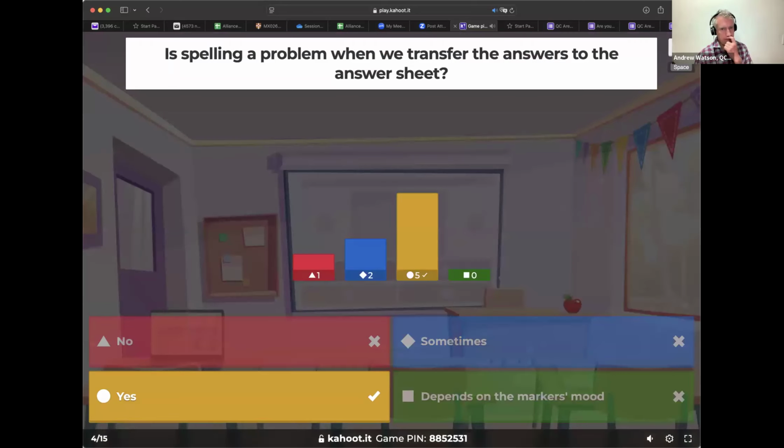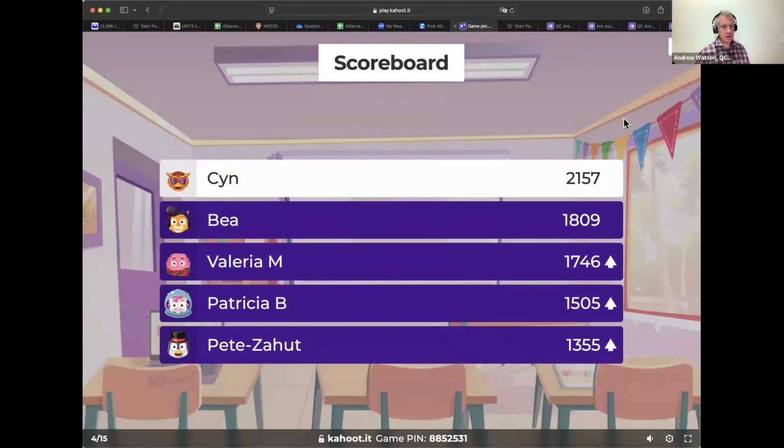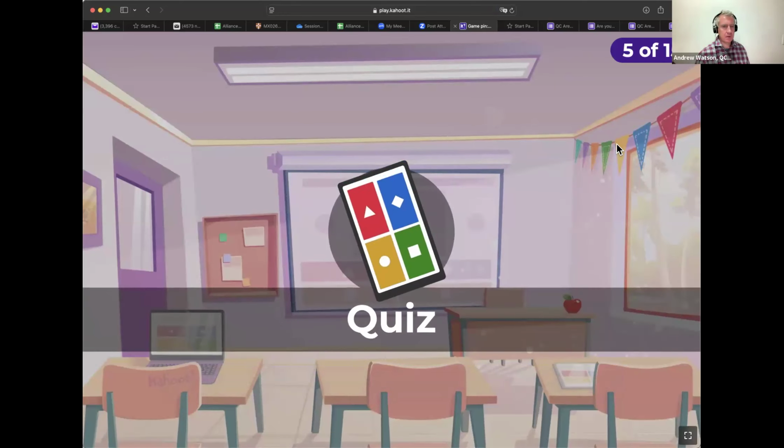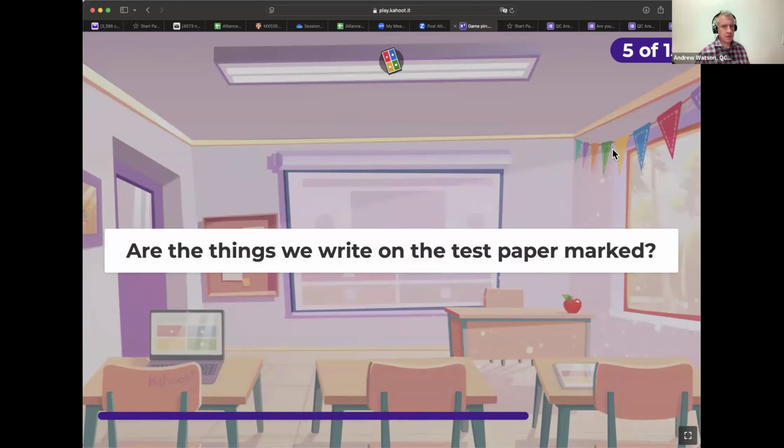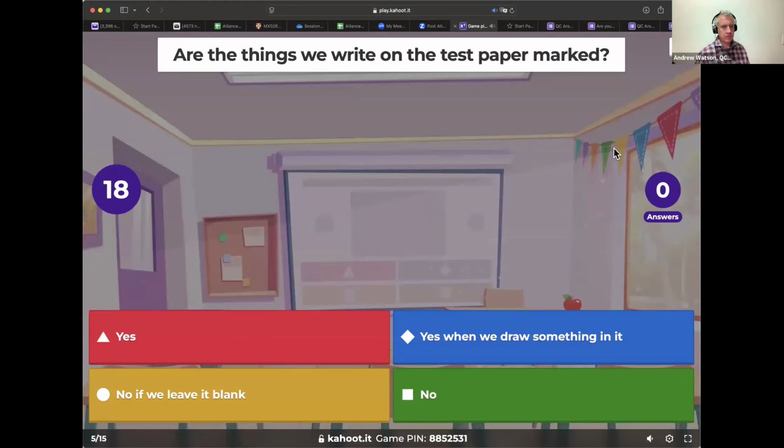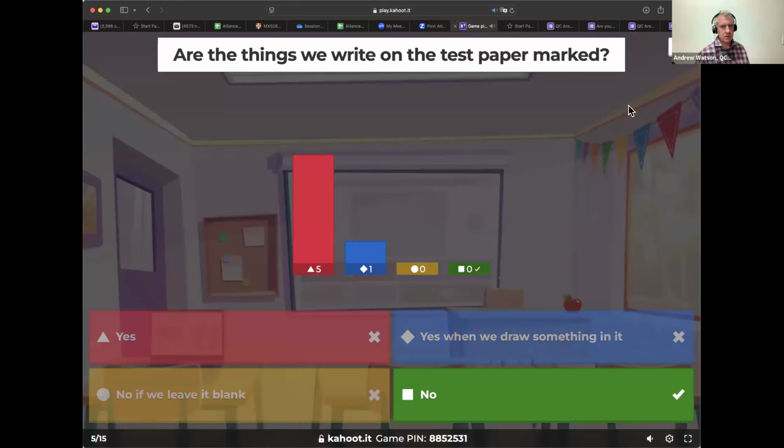By test paper, they mean the question paper, with all the questions on it.